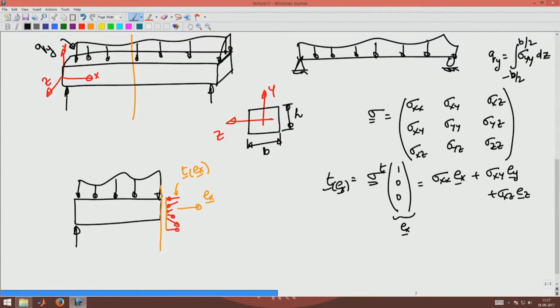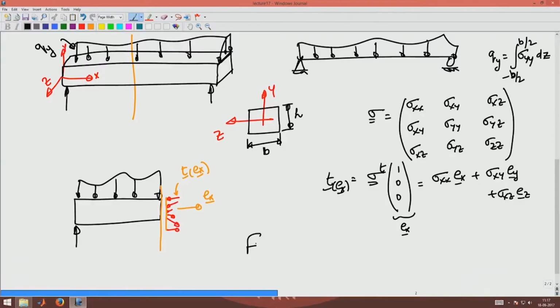Now, I am interested in what is the net force acting in that cross section. Okay. I am interested in net force F, which is integral T's of Ex dA, where this dA is nothing but dy dz.